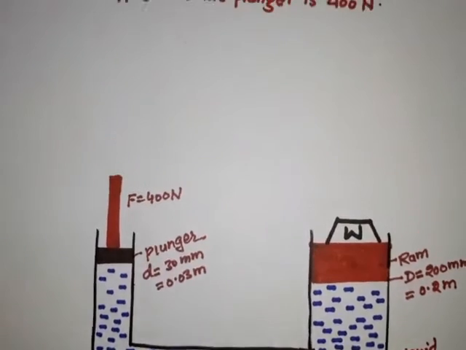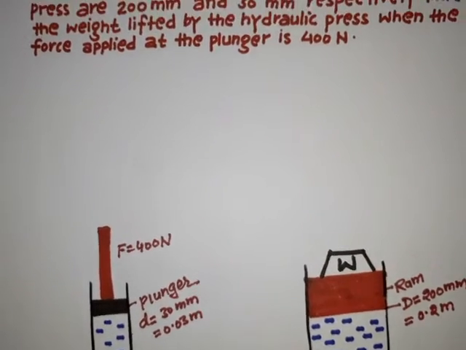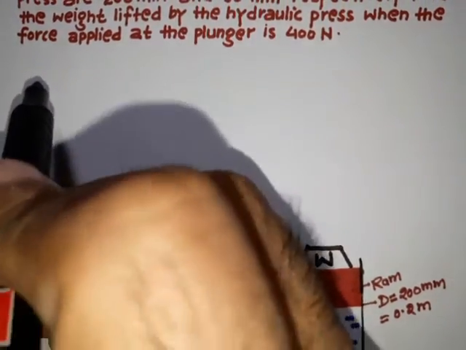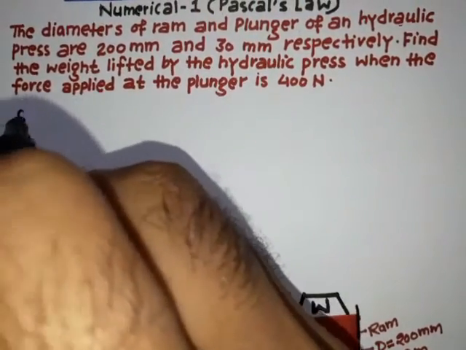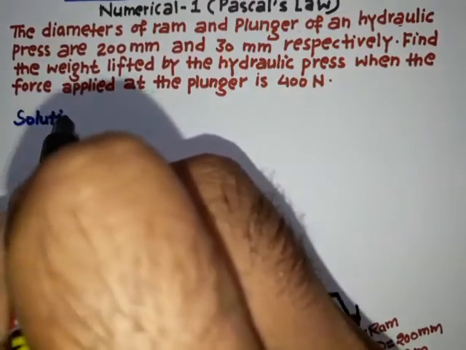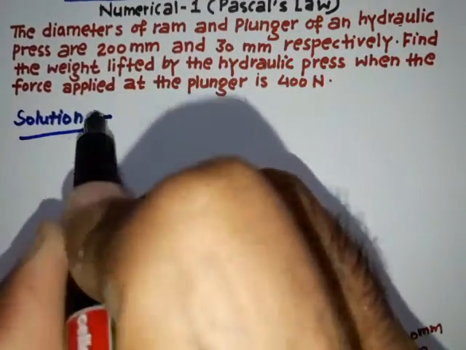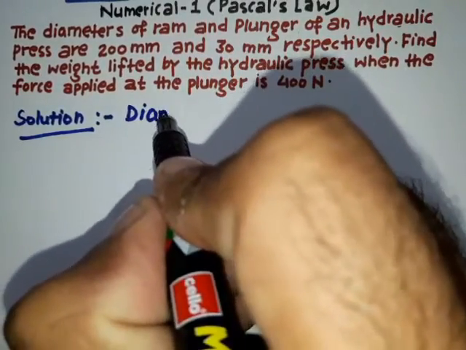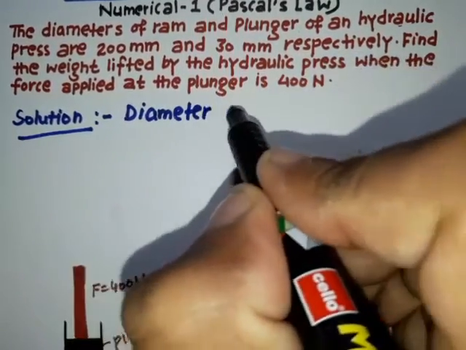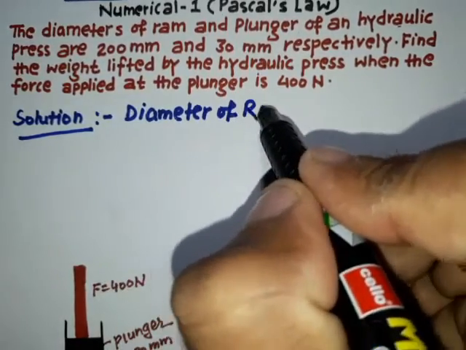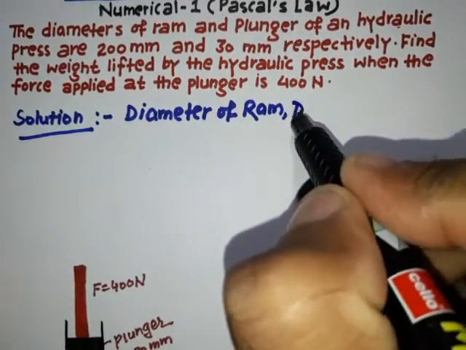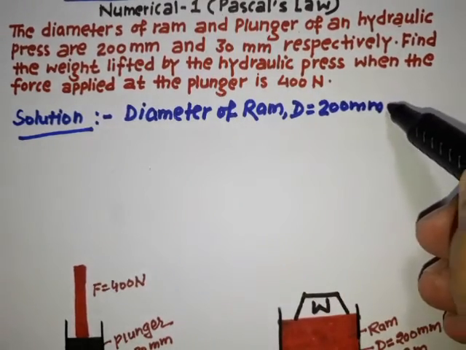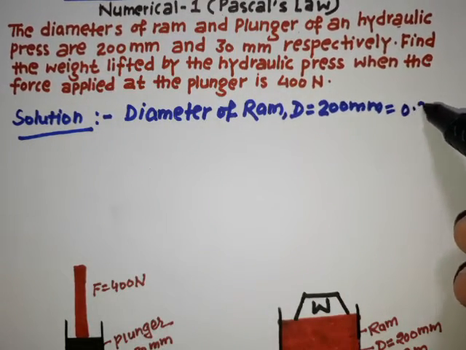Now we try to solve this numerical, and firstly write the given variables. Solution. Diameter of ram, that is capital D, that is 200 mm, so that is equal to 0.2 meter.